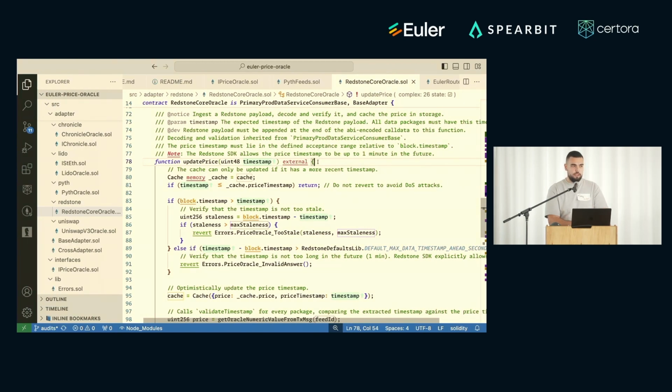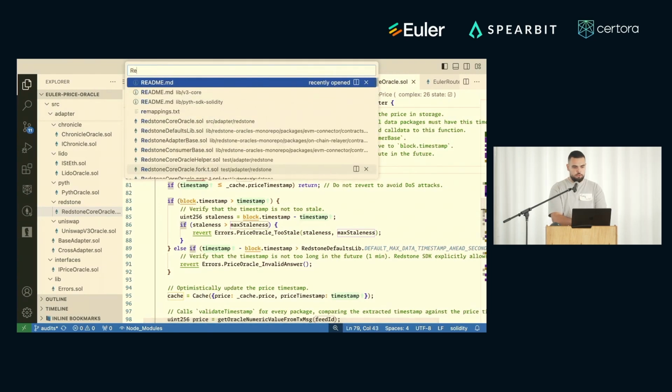So basically how Redstone Core works is there's a custom data format that encodes the price payload. And the way you update the price is you actually make a normal function call and append this extra payload to the message data.